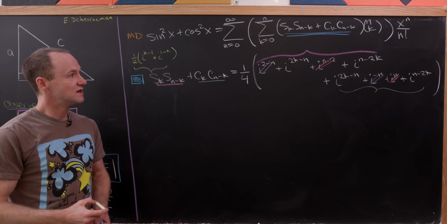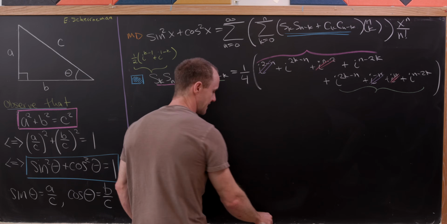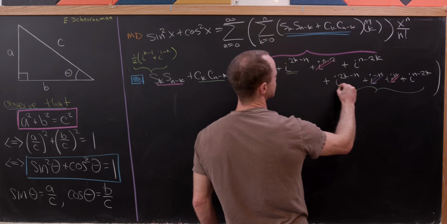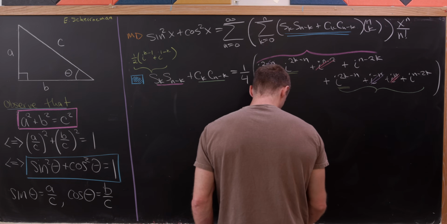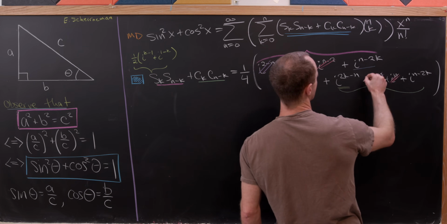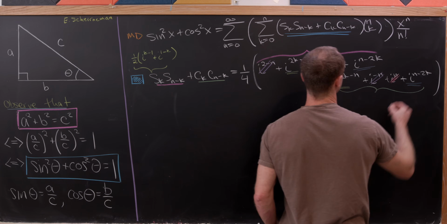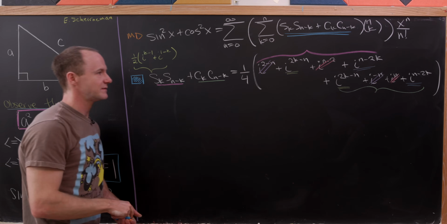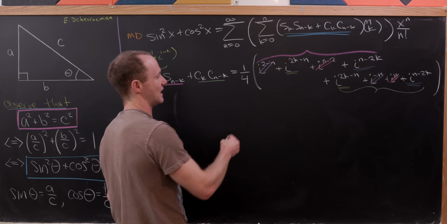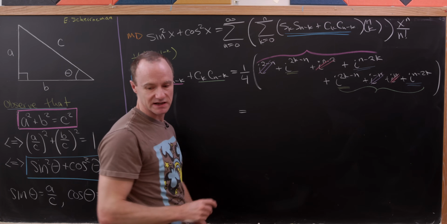So next up, I think we've got some like terms as well. This term right here is the same as this term right here. And similarly, this term right here is the same as this term right here. So that means we can push those together and then we'll have a half in front of everything. So let's see what that's going to give us.